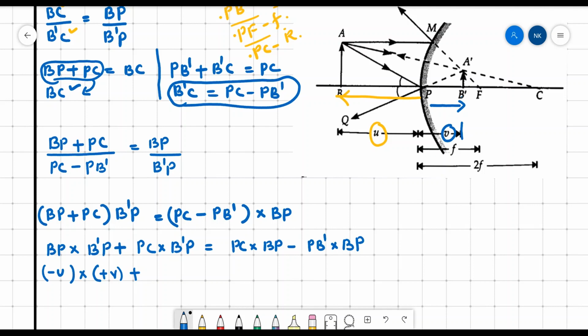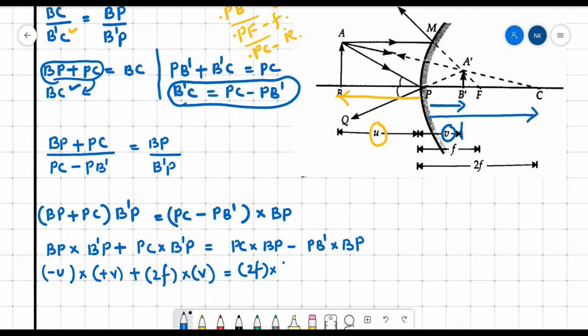All right, plus PC. PC means this is that PC value towards right, and that is equal to 2f, so it's plus 2f into B dash P. Already we had a discussion on B dash P, that is plus v, equals PC. Again PC is coming, and you know that it is plus 2f into BP.